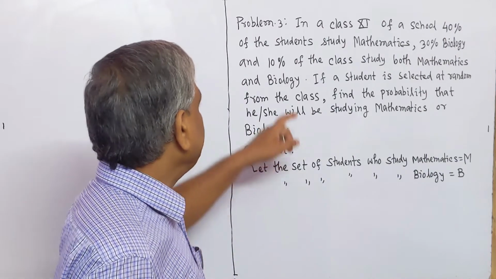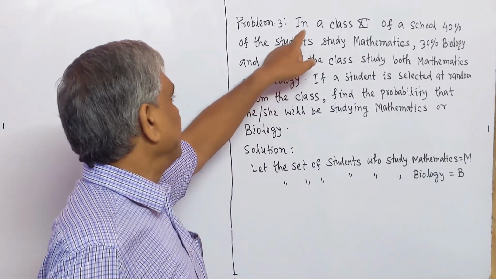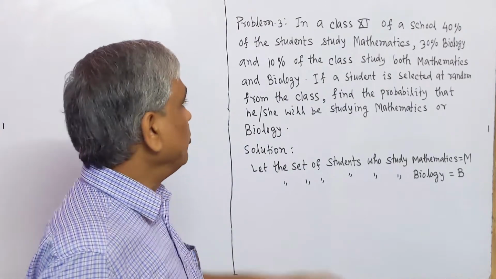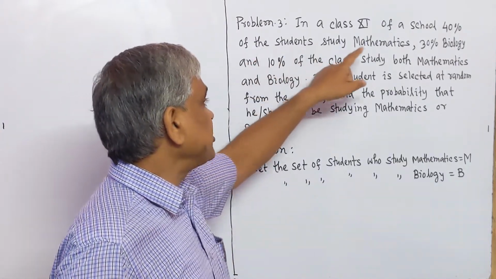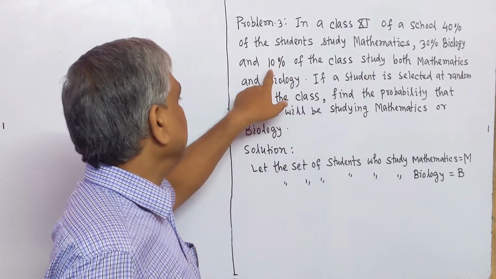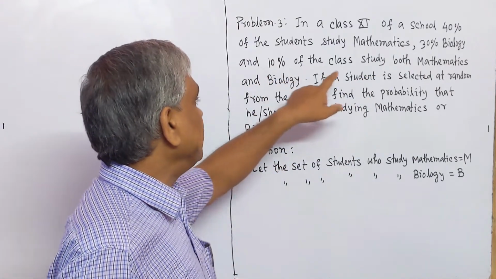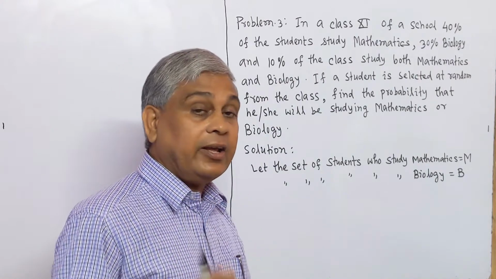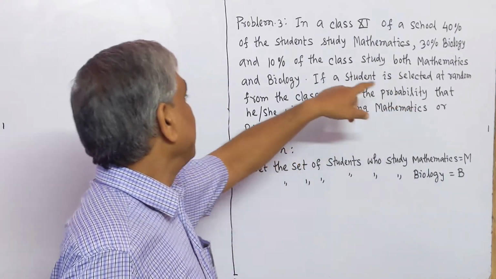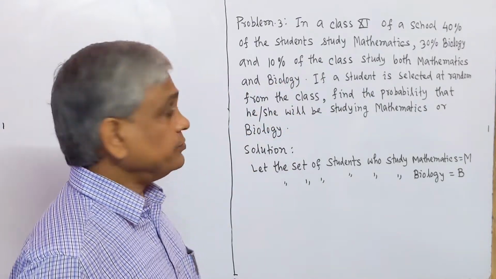Now we solve the next problem. Problem is, in a class 11 of a school, 40% of the students study mathematics, 30% biology, and 10% of the students study both mathematics and biology.